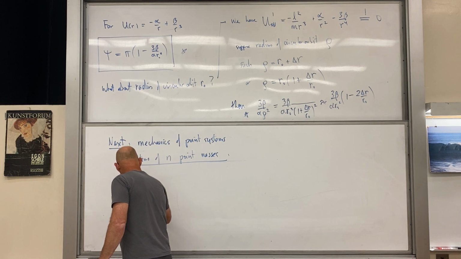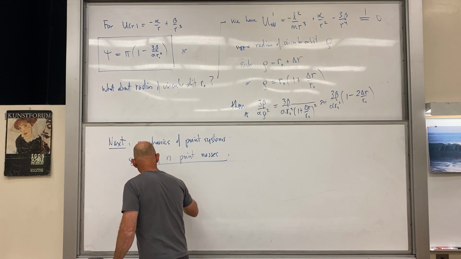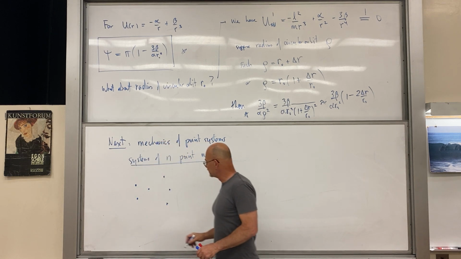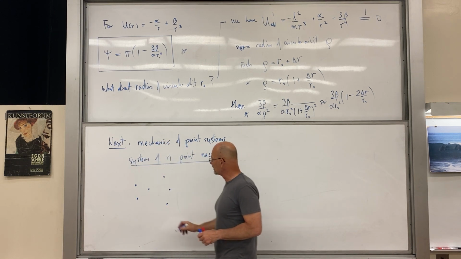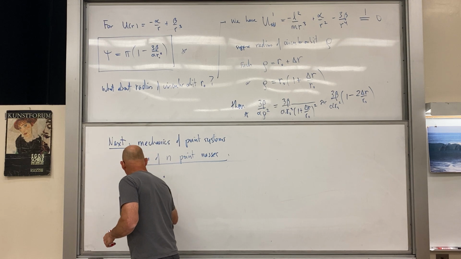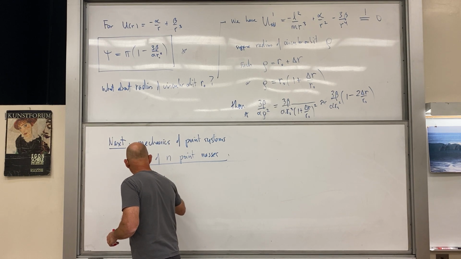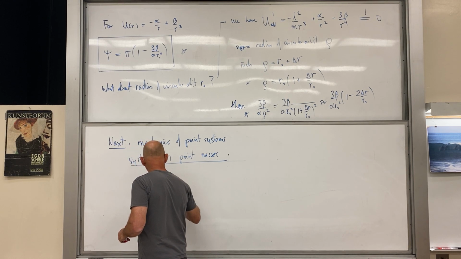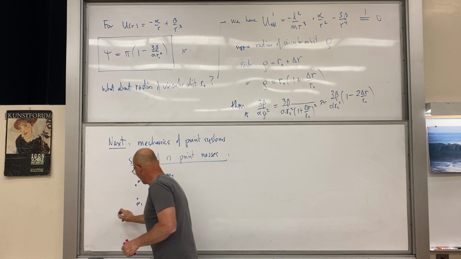So here I'll draw, I'm not going to draw all n of them. But instead of 2, we have more than 2, and these are m sub 1, m sub 2, m sub 3, etc. And then they each have a position.